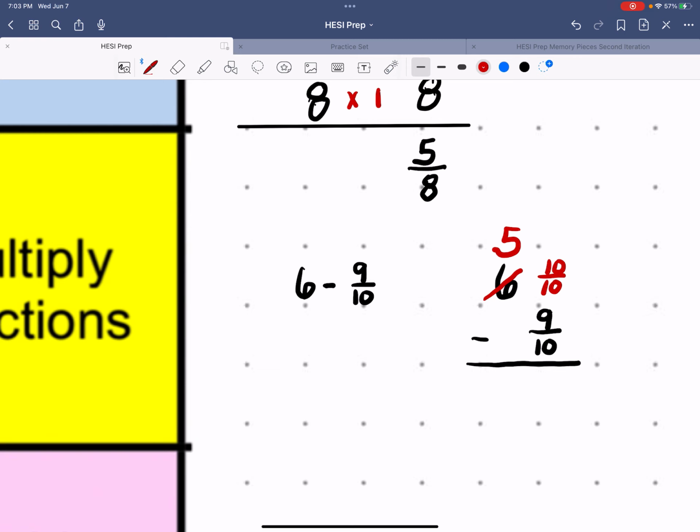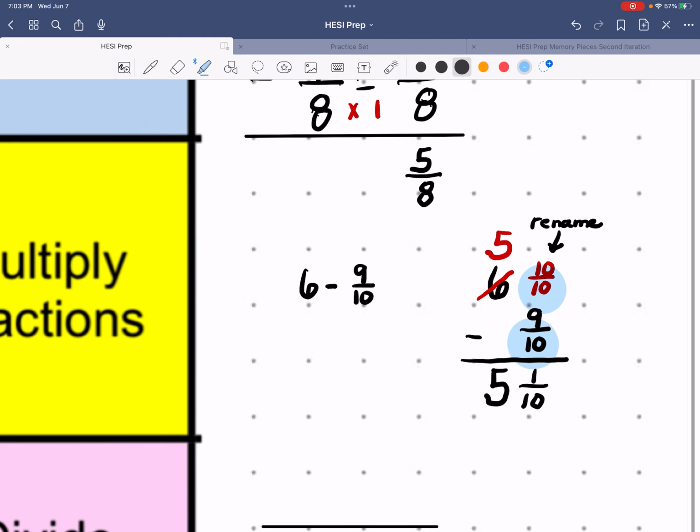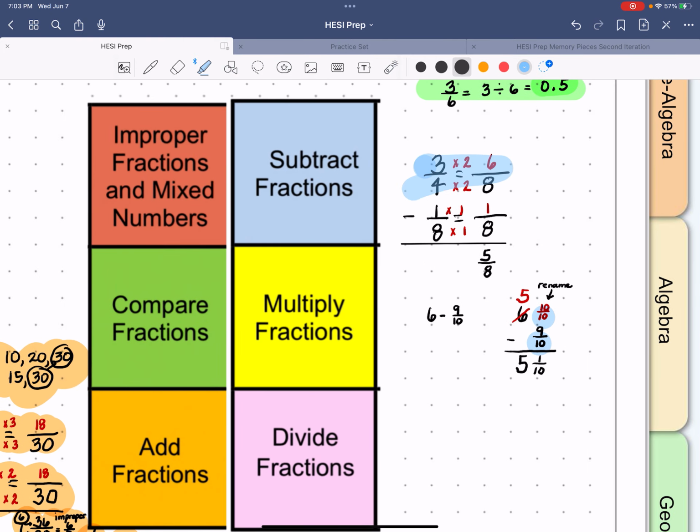The 5 plus that 1 whole is the 6. But once you've renamed it, you can subtract so that you have 1/10 and a 5. So sometimes you have to rename one of the whole numbers into a fraction, and you just use whatever denominator you already have. So all of these relate to subtracting fractions.